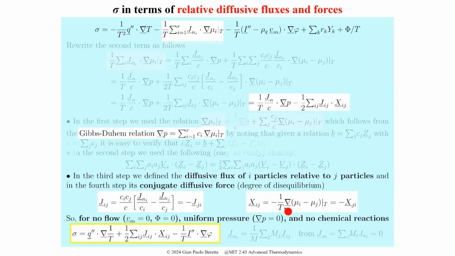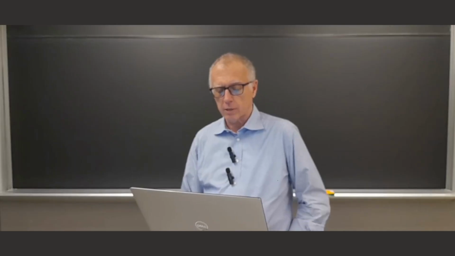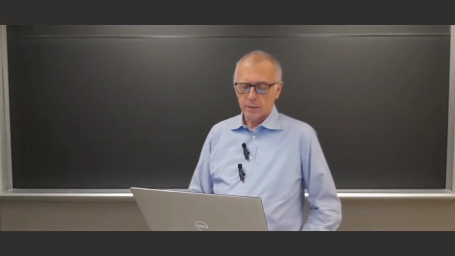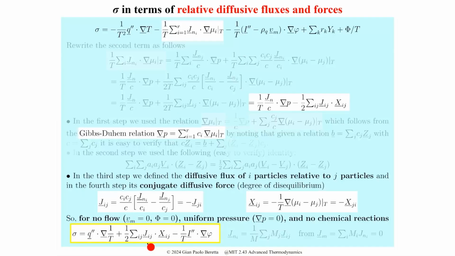Notice that these, by definition, are anti-symmetric. So you swap the indexes, you change the sign, of course, because it's obvious from here. And therefore, here we have 1/2 of the summation over ij, and you're supposed to sum over all the i's and all the j's, and that will pick each of these elements twice.